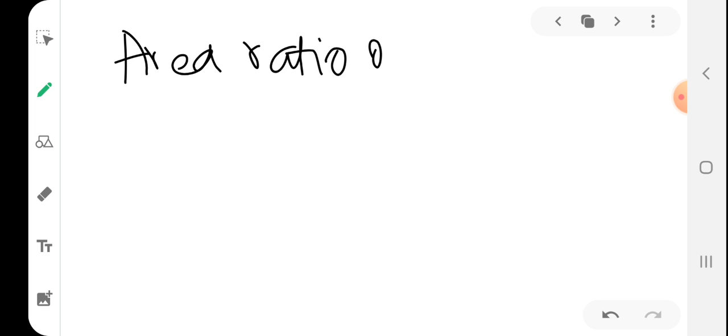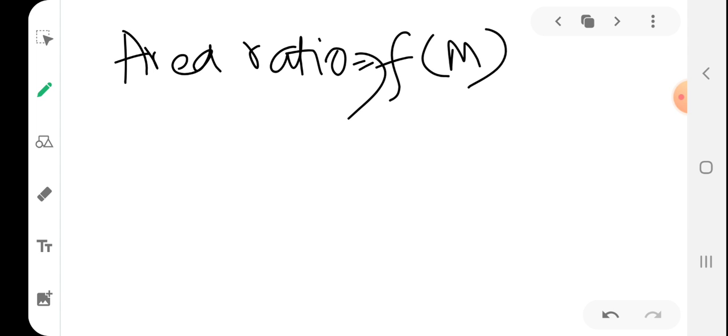Now we are going to learn the area ratio as a function of Mach, or in terms of Mach number. Students, you know rho AV equals constant, right?